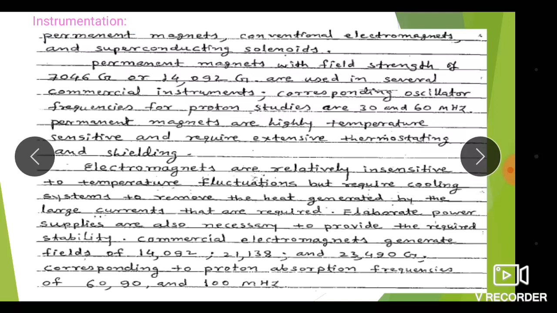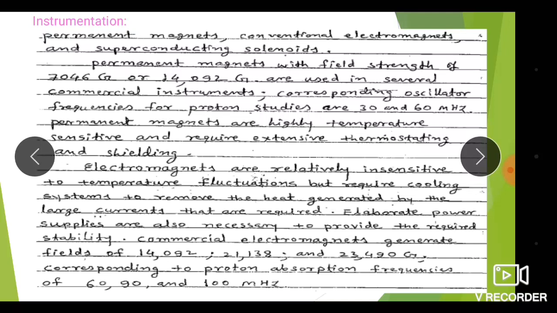Electromagnets are relatively insensitive to temperature fluctuation, so they do not need thermostating and shielding, but they require cooling systems to remove the heat generated by the large currents required.